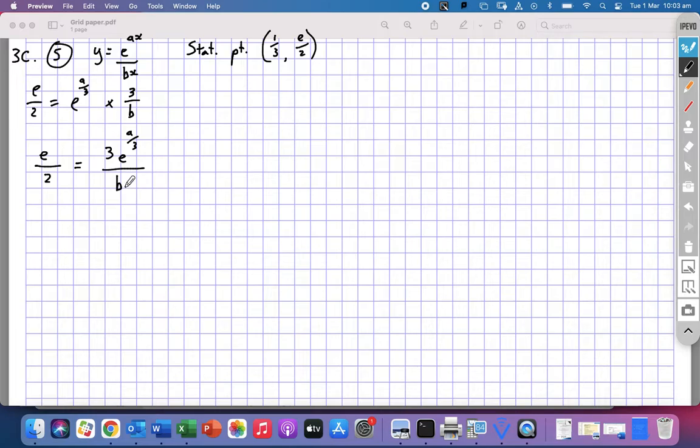Let's keep going. I think I'll cross multiply b times e, so I'm multiplying both sides by b to get rid of this fraction. Then I'm going to multiply both sides by 2, so we'll have 2 times 3 is 6.